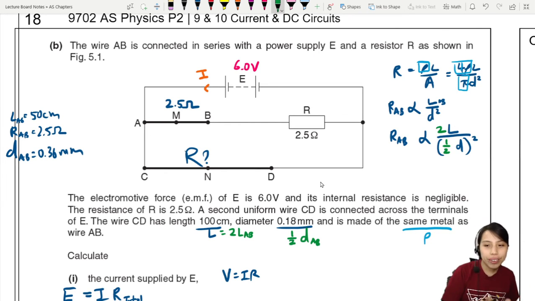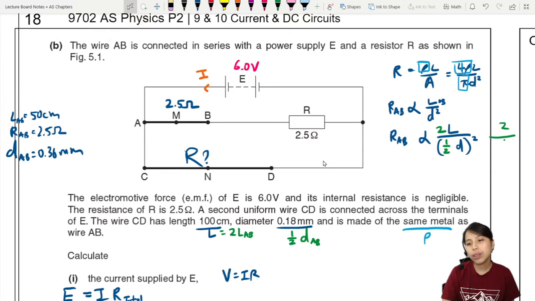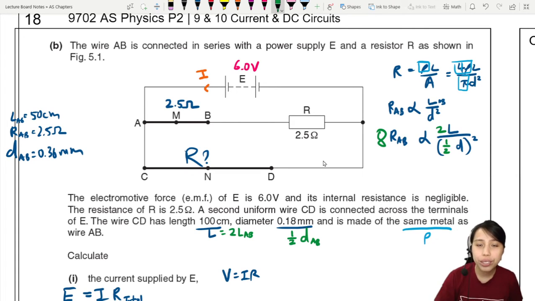So if I take out all these green color values, which are the multipliers, the ratios, that would give me 2 over 1 over 4, which is 8. So this will be 8 times of the original, and this is the new wire's resistor.